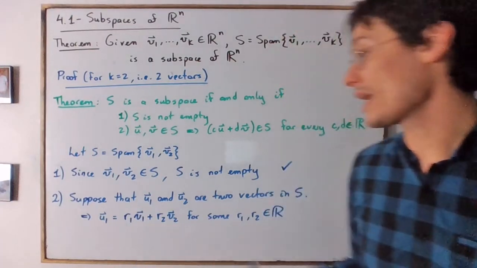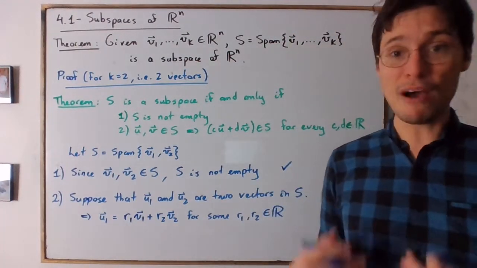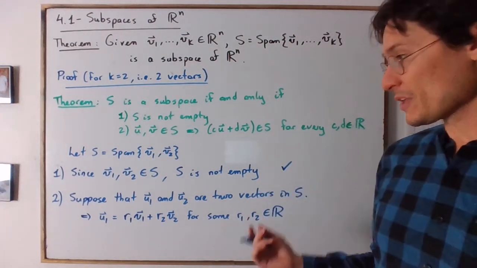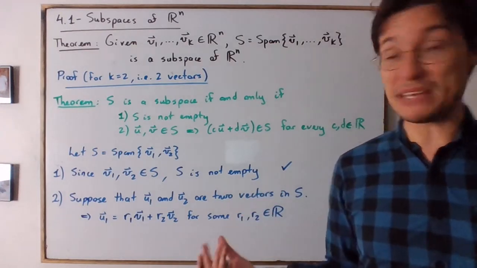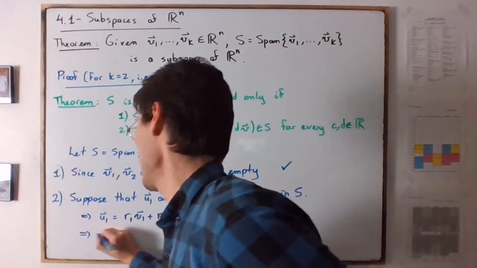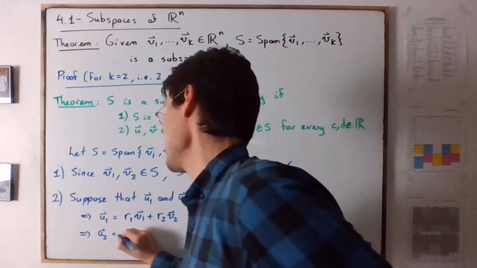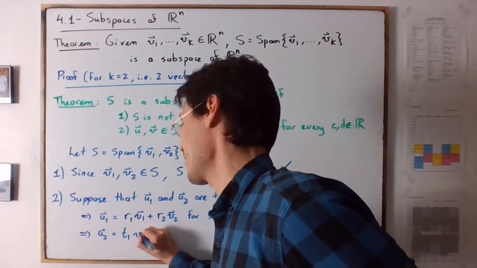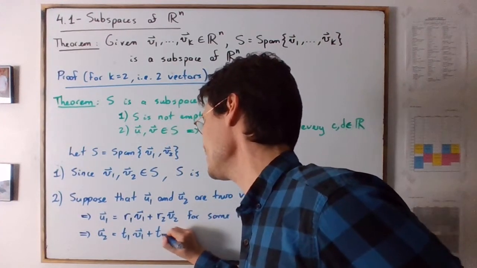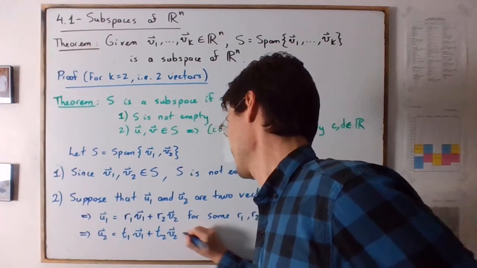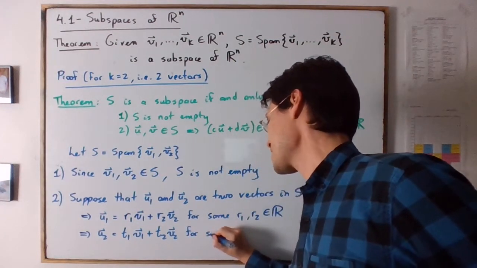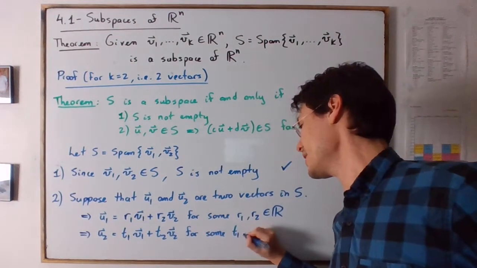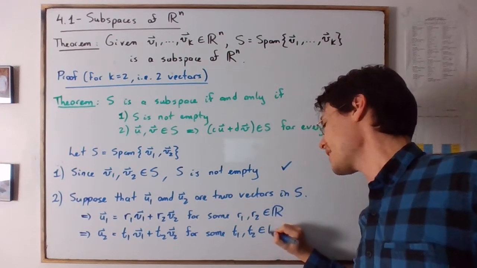And you can do the same for U2, but with different parameters: U2 equals T1 V1 plus T2 V2 for some T1, T2 in R.